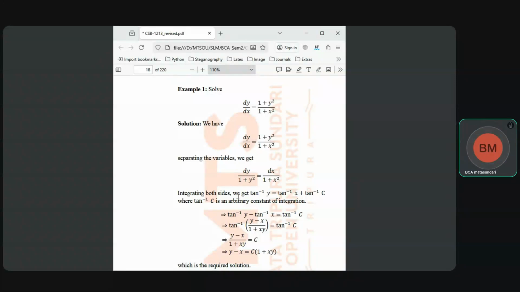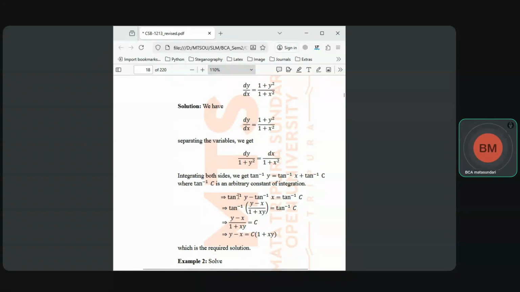Integrating both sides, we get tan inverse y equal to tan inverse x plus tan inverse c, where tan inverse c is an arbitrary constant of integration.